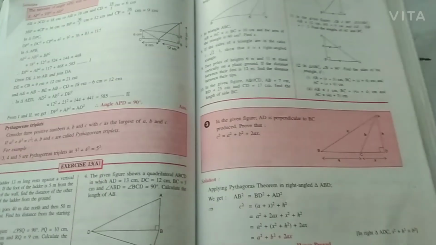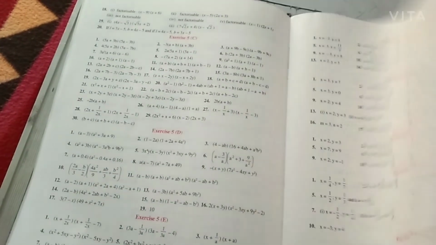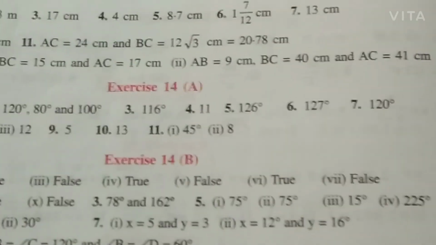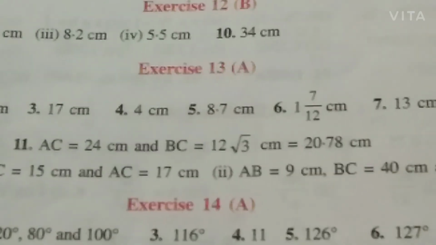Let us check the answer at the back side of the book. So here our book, wait a second, yes, here our page, the exercise 13a. I will zoom it. Yes.